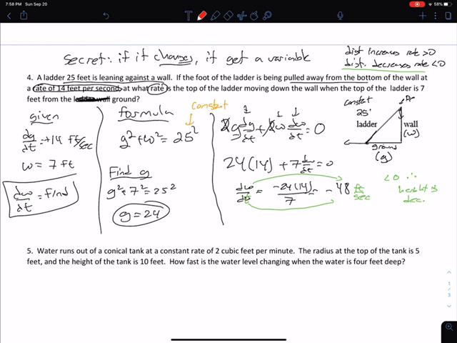So when we write our answer, we can say the top of the ladder, when W is 7 feet, is decreasing at a rate of 48 feet per second. Now be careful.